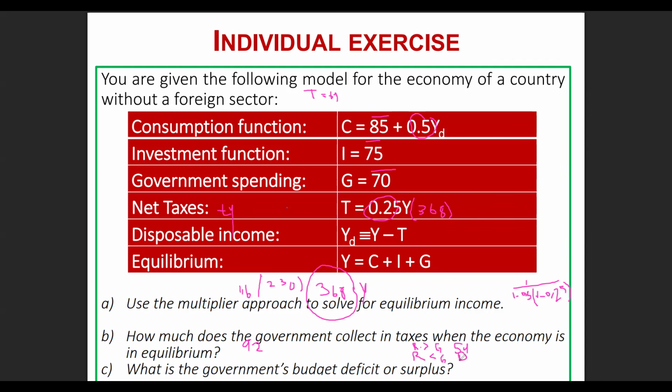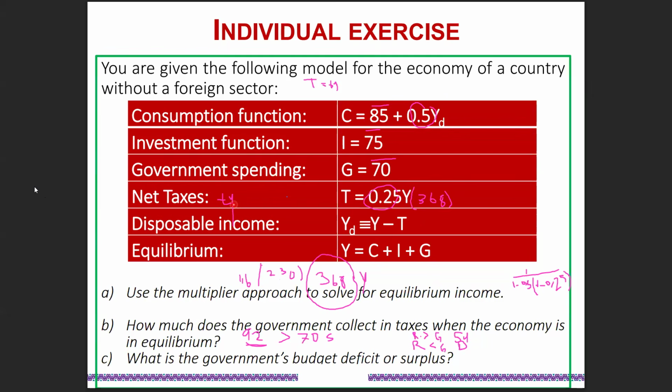Our revenue is 92, because this is the tax collected, and the government gets its revenue by collecting taxes. Government spending is 70. So revenue is greater than expenditure, which is a surplus. 92 minus 70, the surplus is 22. Okay, so we're done with this one as well.